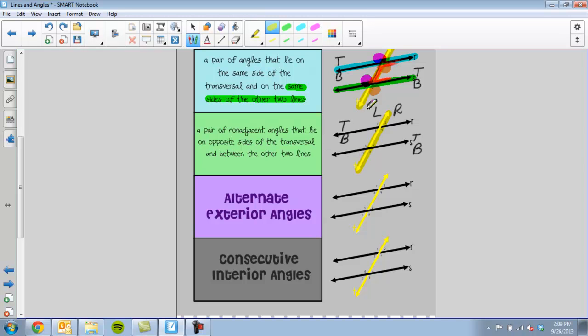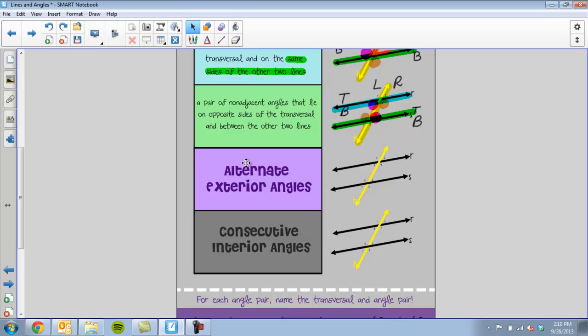So one of my angles is on the left, and one of my angles is on the right, and it's going to be between the blue and the green because it's on the inside. So for us, that means we could have angle 3 and angle 6, or we could have angle 5 and 4. So those are our options for alternate interior. Opposite sides of the yellow and on the inside of the blue and green line.